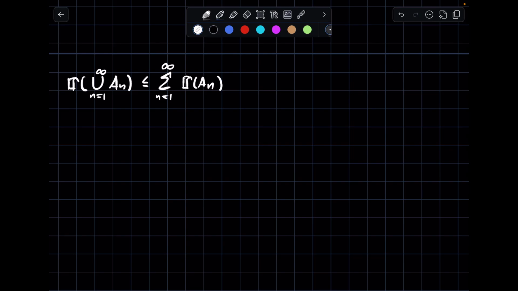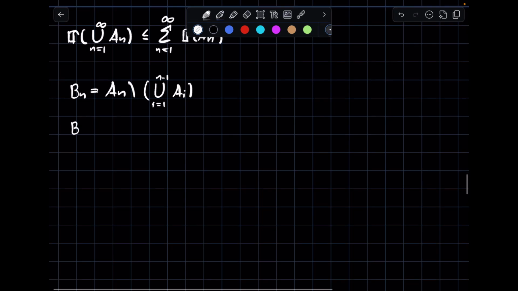such that B is going to be, simply put, a subset, so to speak. So what we're going to do here is say B of n is going to be A of n without the union of A of 1 up to n minus 1, A of i. What does this mean? Okay, so B1 is going to be equal to A1, right?